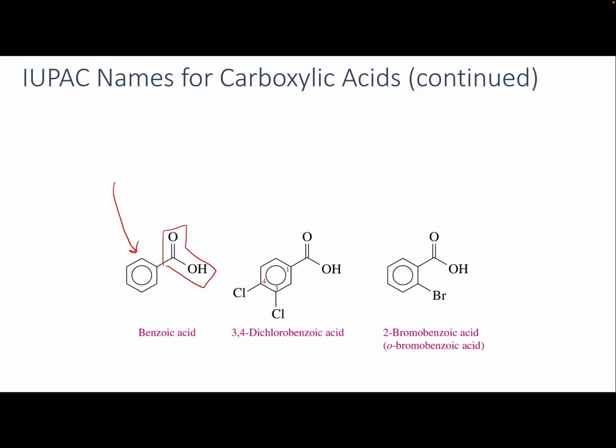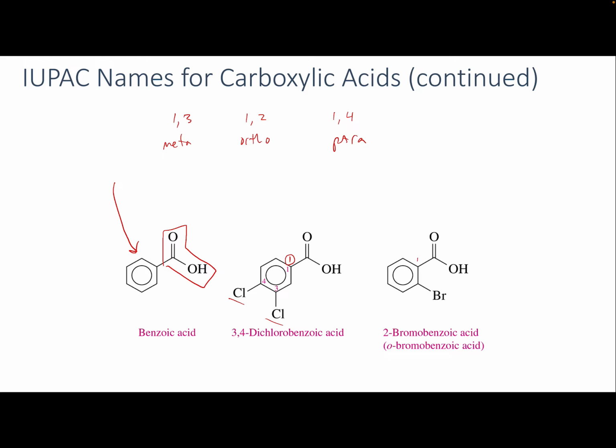If we have two substituents on benzene, we can call them by their numbers. 3, 4 in this case, dichloro benzoic acid. The number 1 carbon on benzene is going to be the position of the carboxyl. And just like we did with benzene, if there's only two groups, we can say that they are ortho, meta, and para, depending on where they are positioned next to each other.